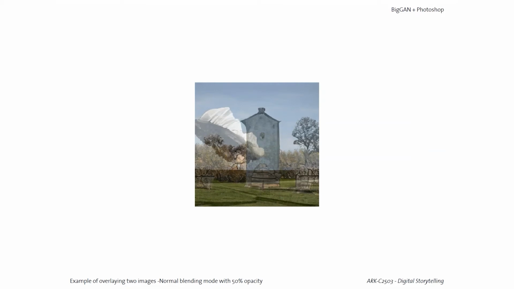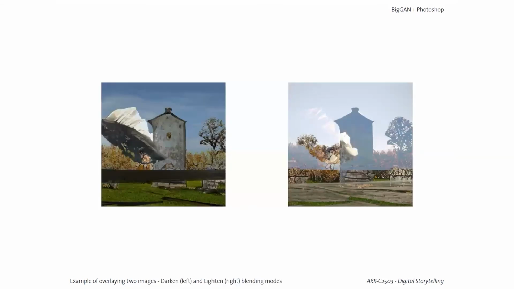But it turns out that I can actually blend this in different ways. So there are different blending modes in Photoshop. Here on the left is a blending mode called darken. So onto the lower image, I'm projecting only the darker pixels from the top. This house here is the top image, and only the darker pixels are projected down.